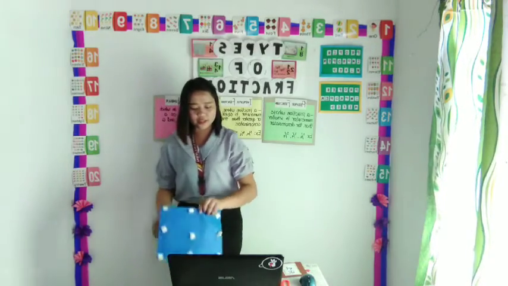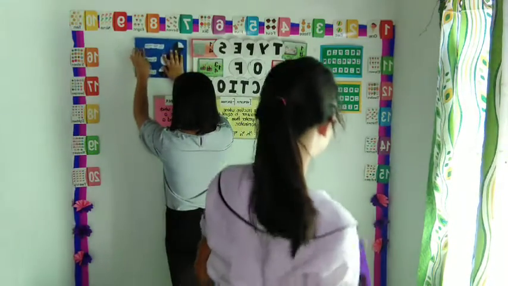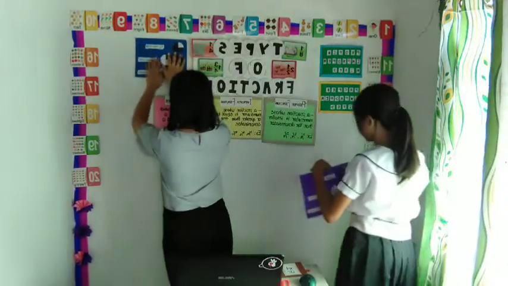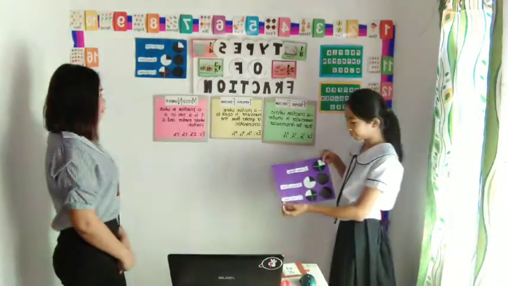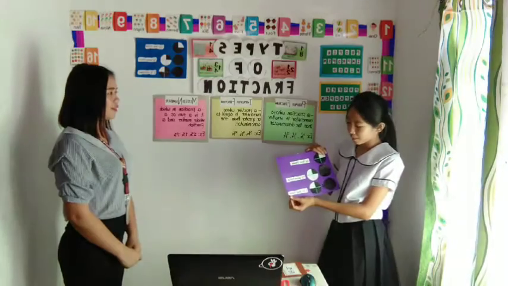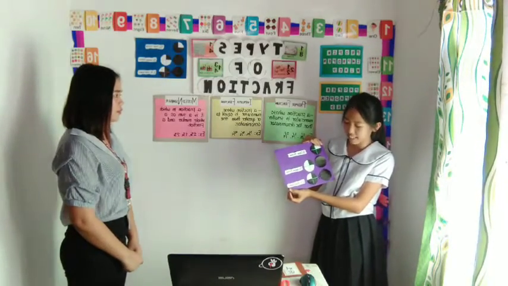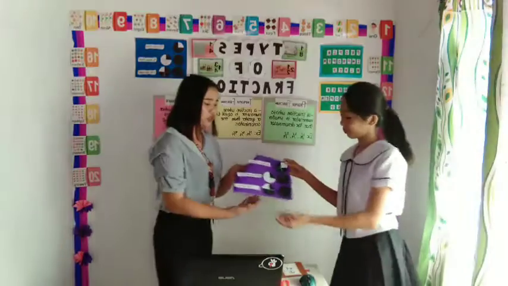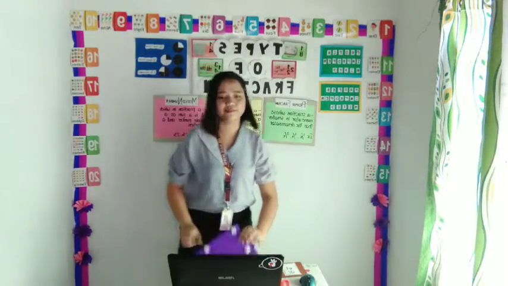May I call the group 2 representative to present their output? 3/4 is a proper fraction, 5/4 is an improper fraction, 1 3/4 is a mixed number. Okay, very good. Give group 2 three very good claps. 1, 2, 3, very good.